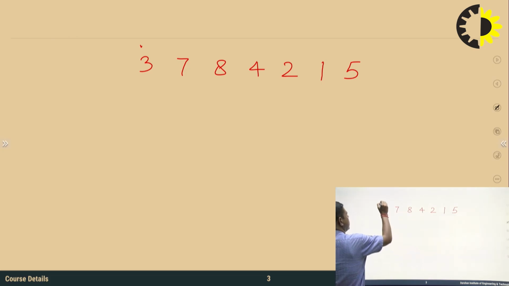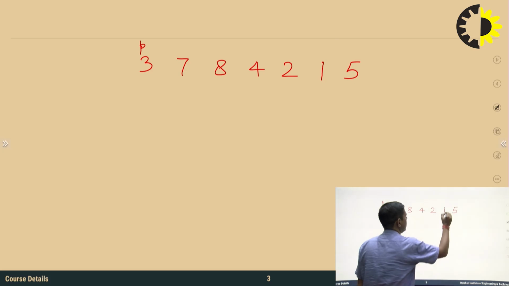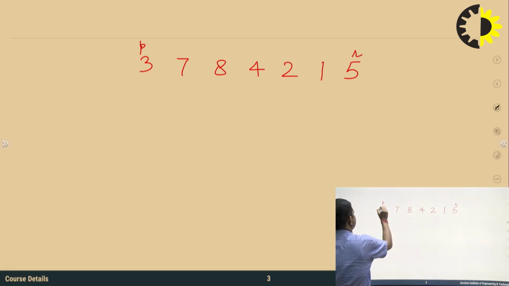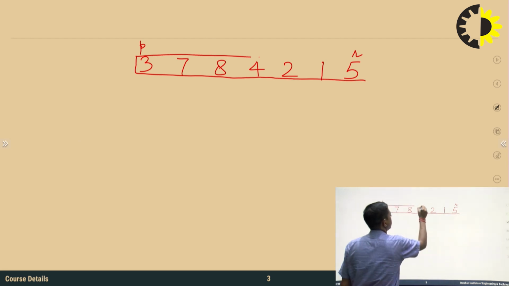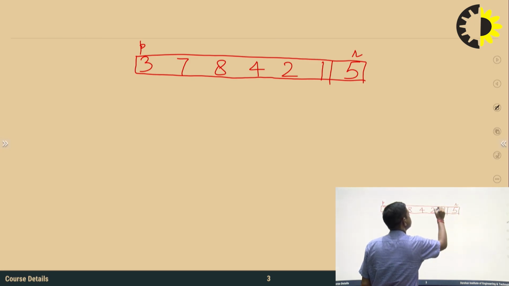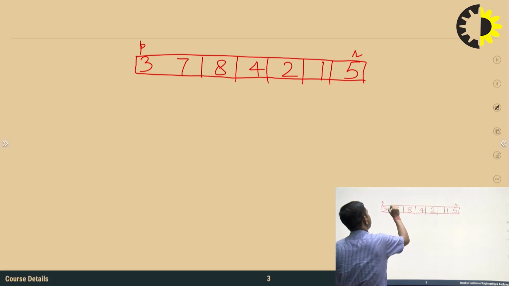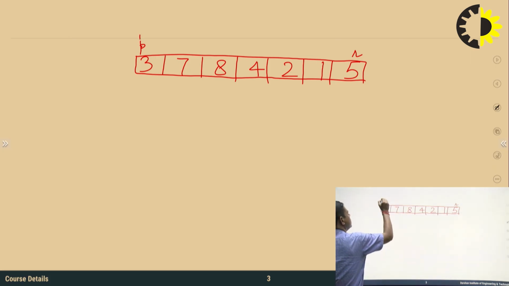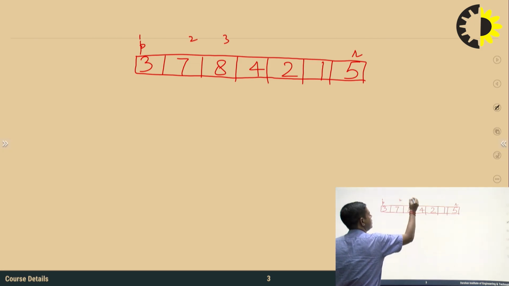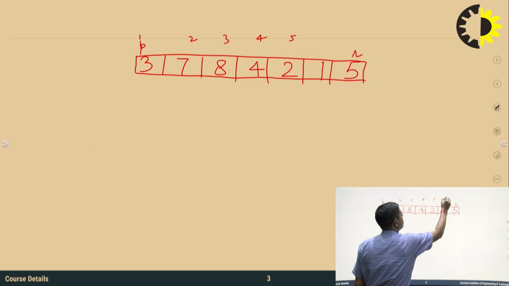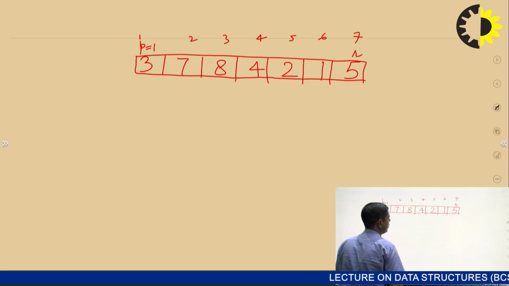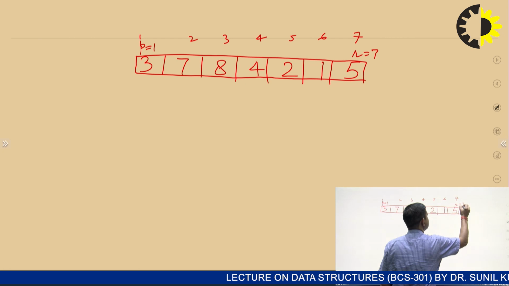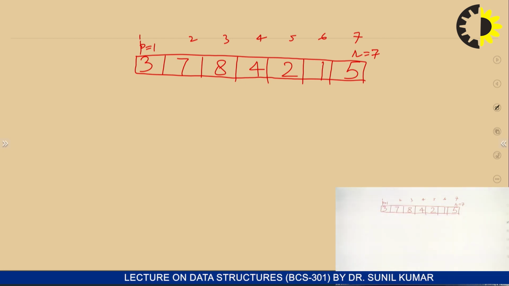If we are doing the indexing, then this is the lower bound, which we represent with P, and the last element with R. If I put all the elements in an array, and do the indexing from 1, 2, 3, 4, 5, 6 and 7, then the value of P is 1, the lower bound value, and the value of R is 7.